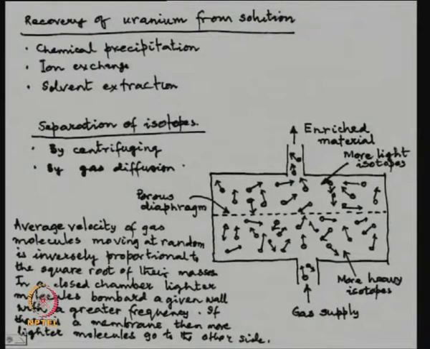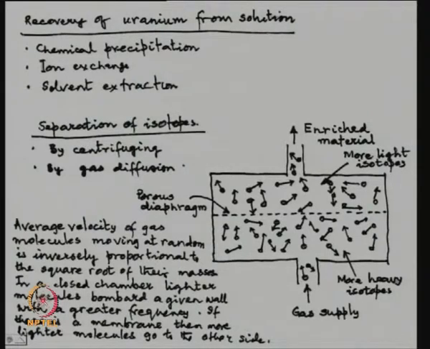You must have heard this word centrifuging. Suppose we have the two isotopes, two compounds in solution. Now, if such a solution is rotated at a very high speed, like in any centrifuging, the heavier ones and the lighter ones get separated. So, centrifuging can be one way of separating.